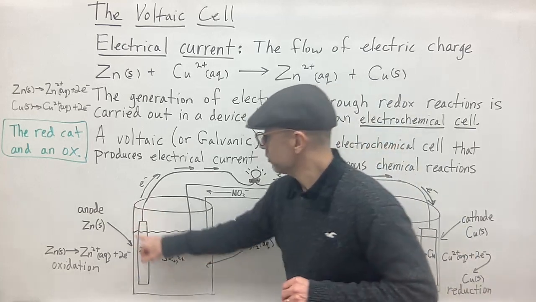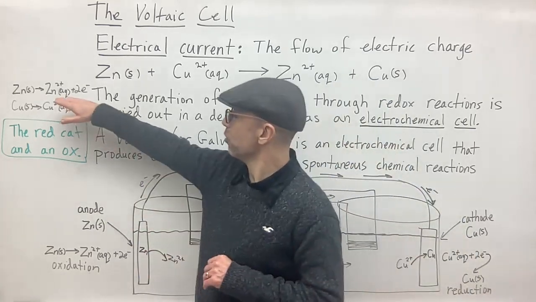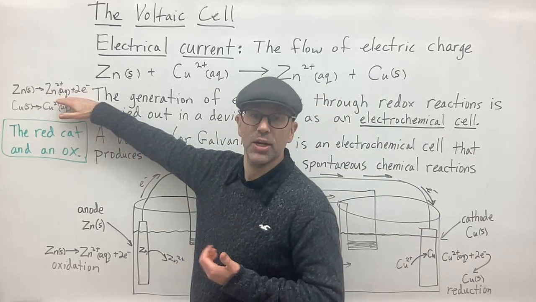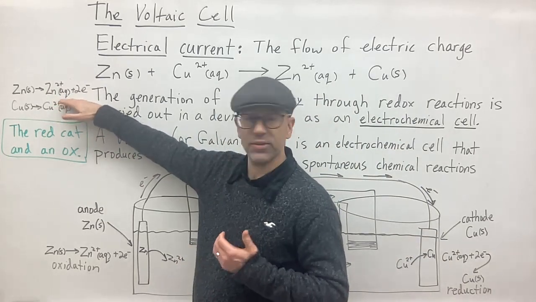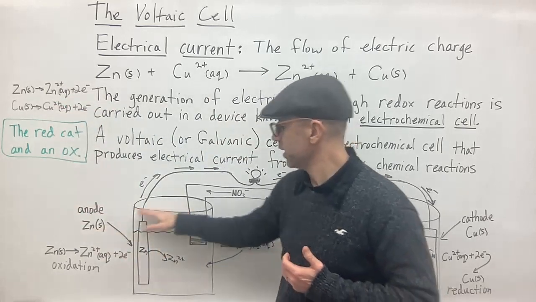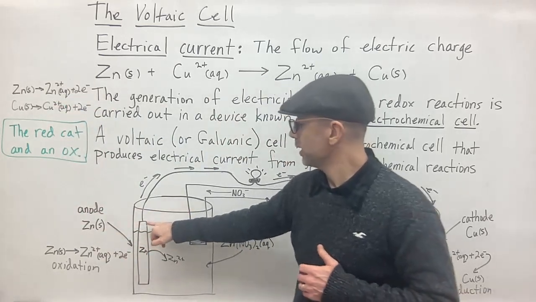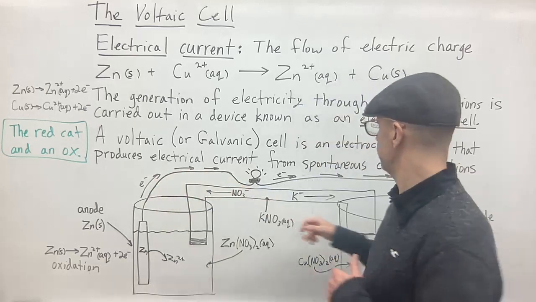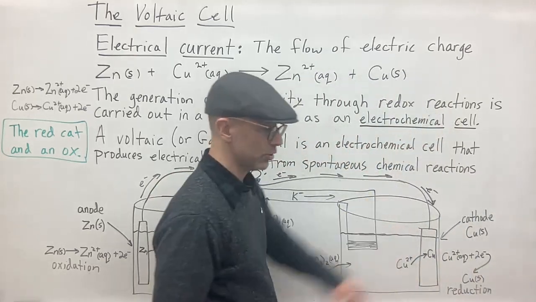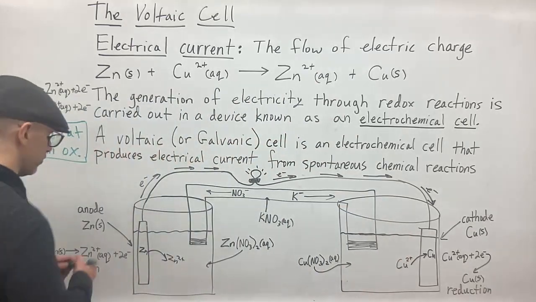So this is the zinc, because it's more strongly going to oxidize. It's going to give away its electrons more strongly. So this is the negative electrode. The electrons are going to travel from the negative electrode to the positive electrode. Let me label these as negative and positive.